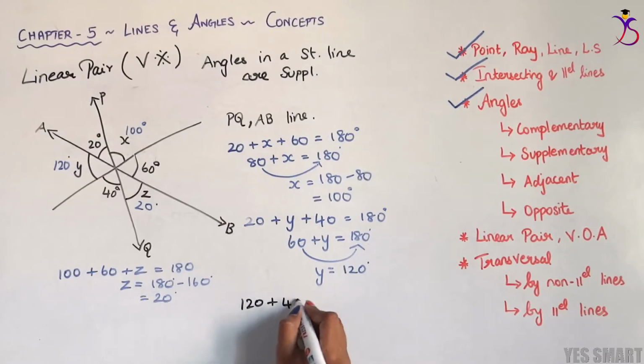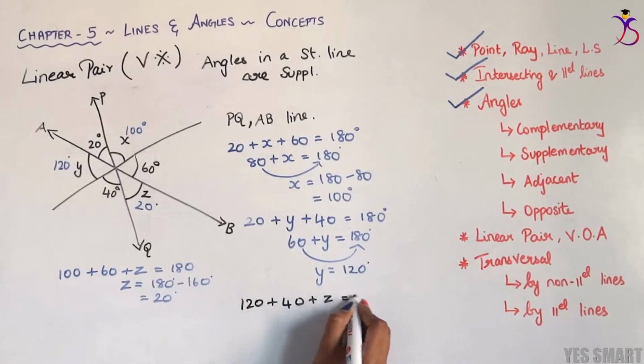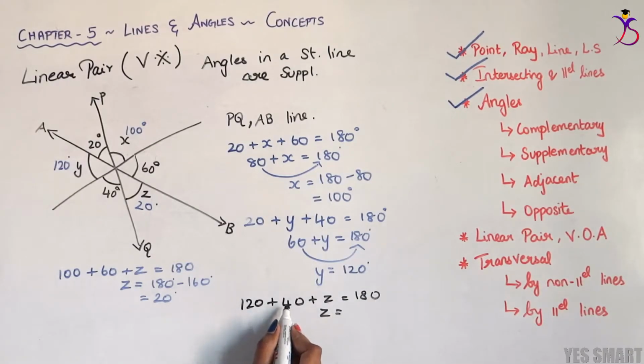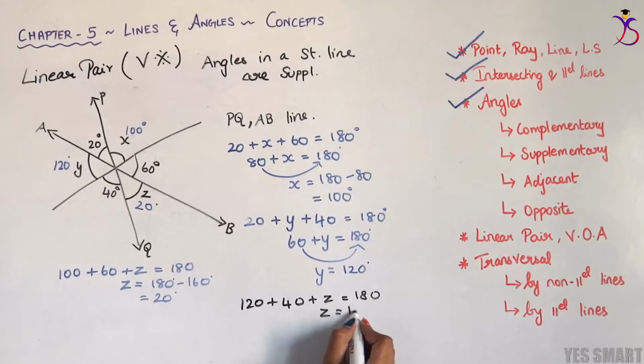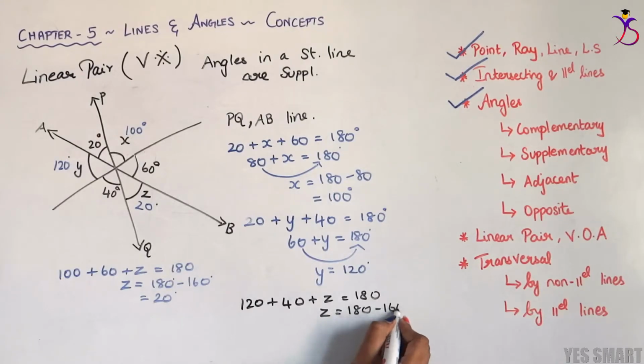That is 120 plus 40 plus Z equals 180. 120 plus 40 is 160. When it is transposed, it becomes minus 160. Therefore, Z equals 20. Anyways, the angle Z is 20. So we can solve for angle Z either way, and the answer will be the same.